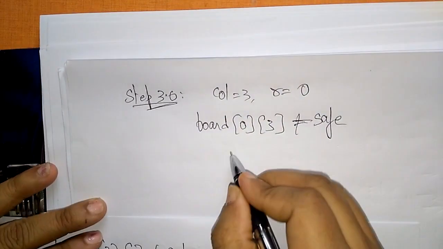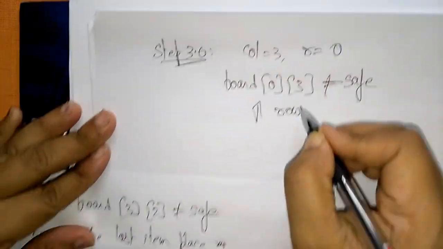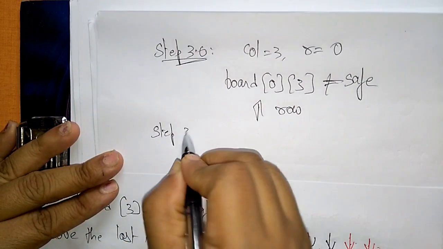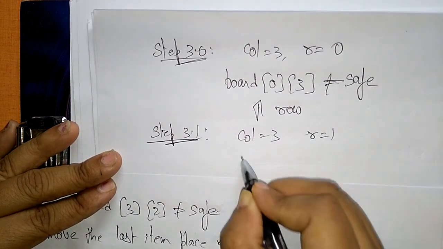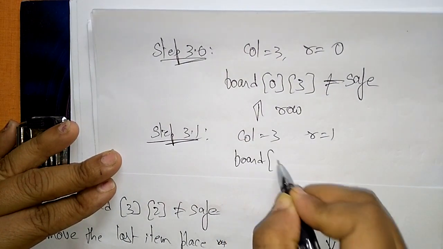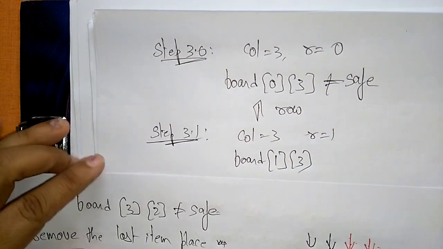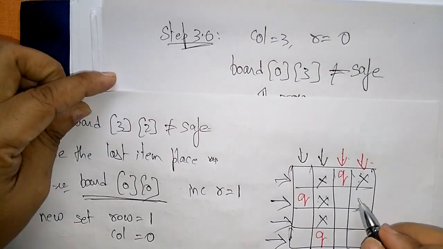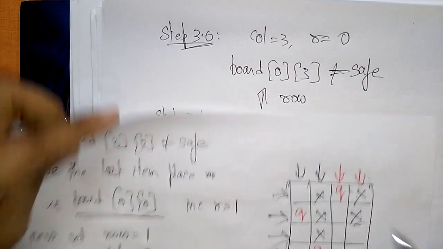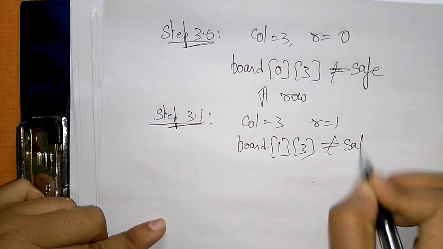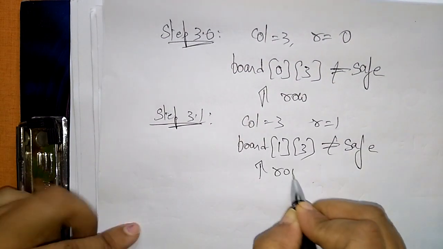Whenever it is not safe, just increment row. Now step 3.1, column 3, row 1. Is first row third column safe? No, it is not safe because it is in the same row. Just increment row by 1.